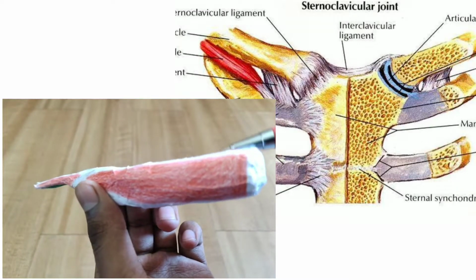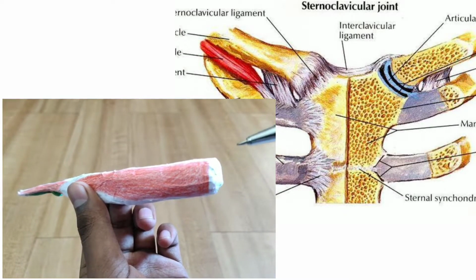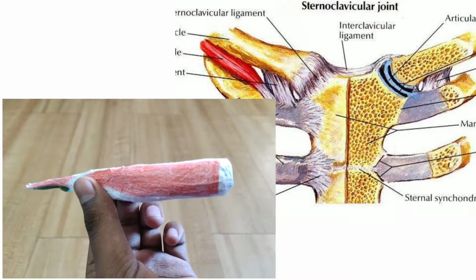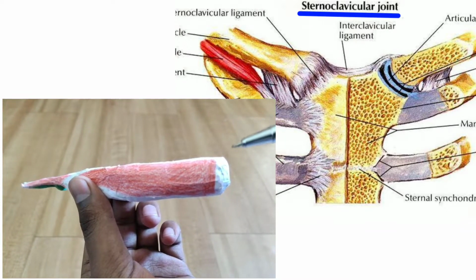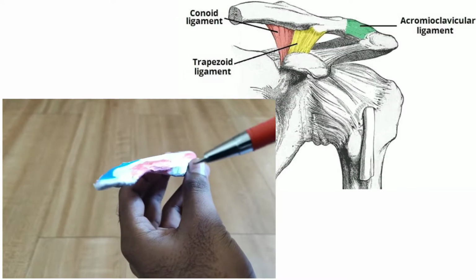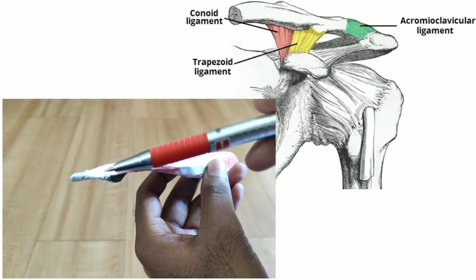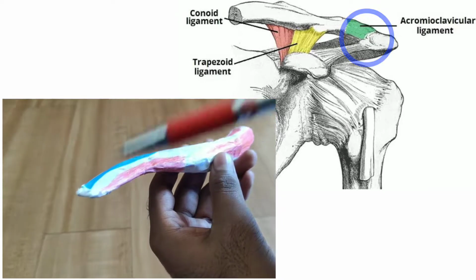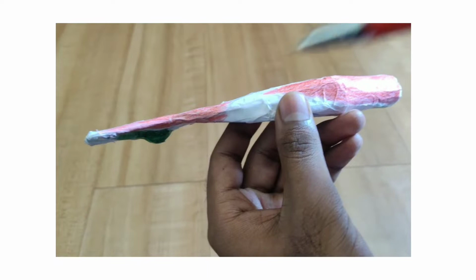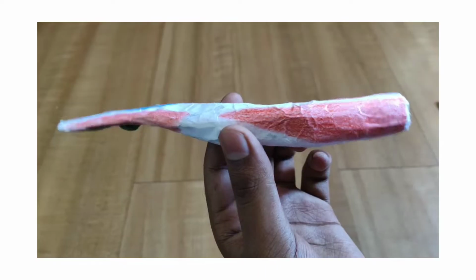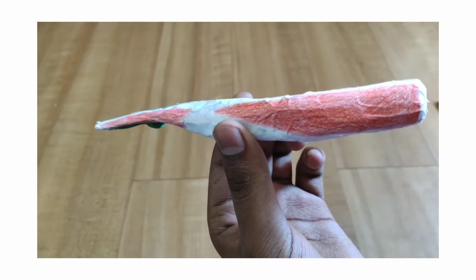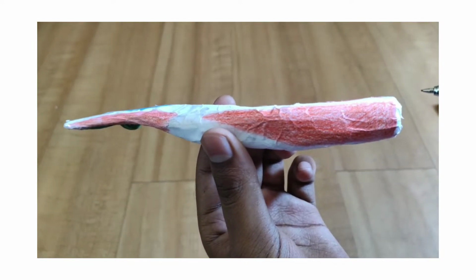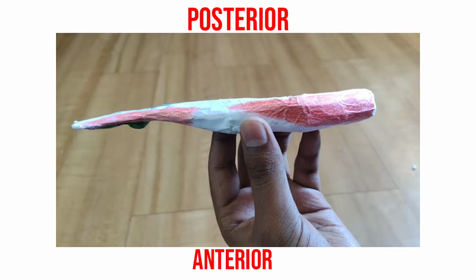The medial end will attach with the clavicular notch of the manubrium of sternum and will form the sternoclavicular joint, and the lateral end will attach with the acromion process of the scapula and form the acromioclavicular joint. These two joints are synovial joints, so that we can move our shoulder joint freely up and down and also front and back. Now let's see the shaft.